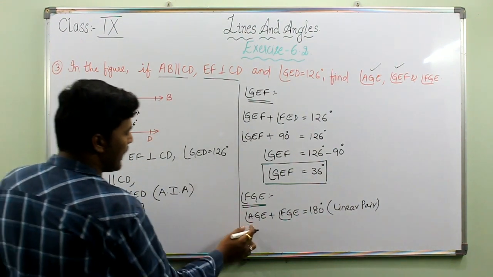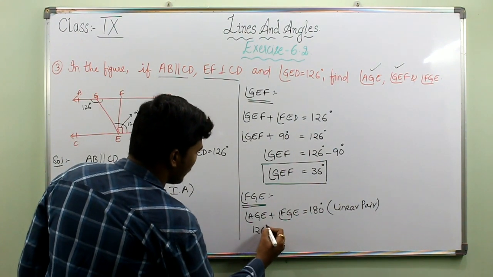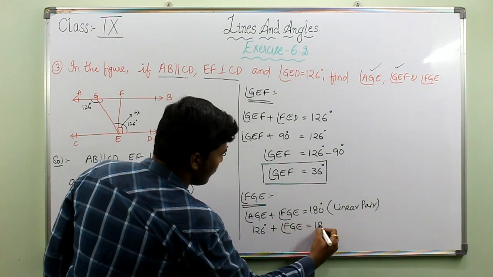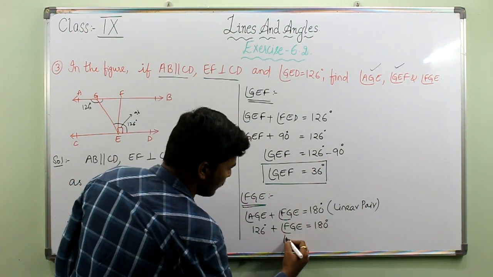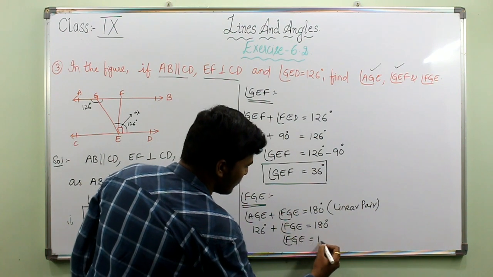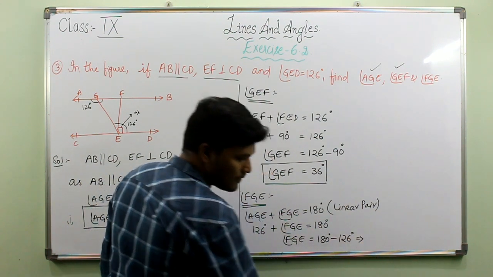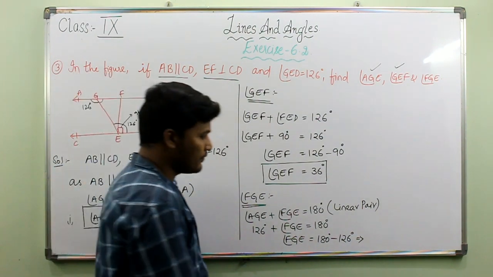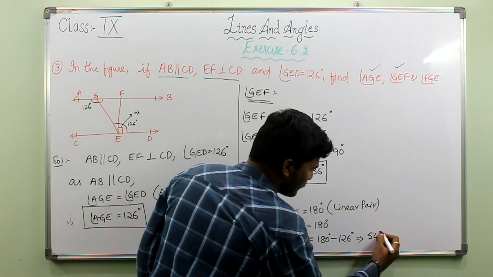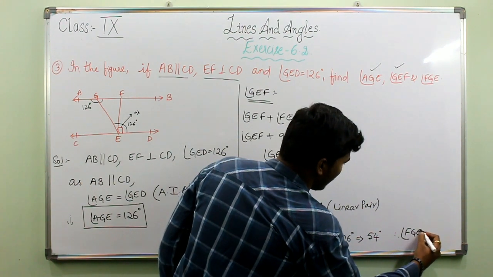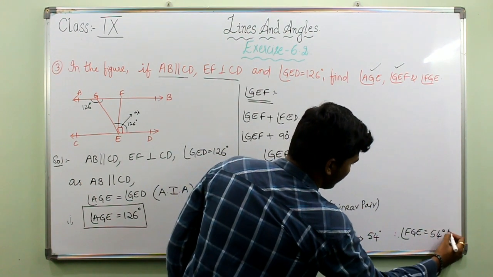But AGE is 126 degrees, plus FGE is equal to 180. So FGE is equal to 180 minus 126, which is equal to 54 degrees. Therefore angle FGE is equal to 54 degrees.